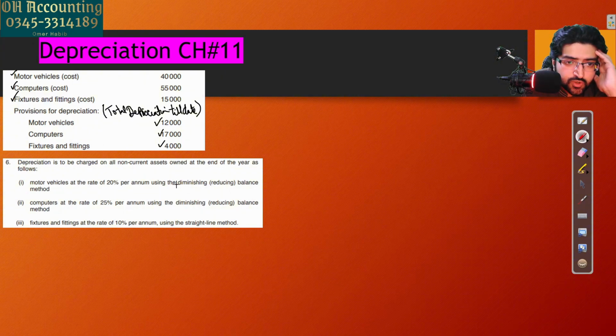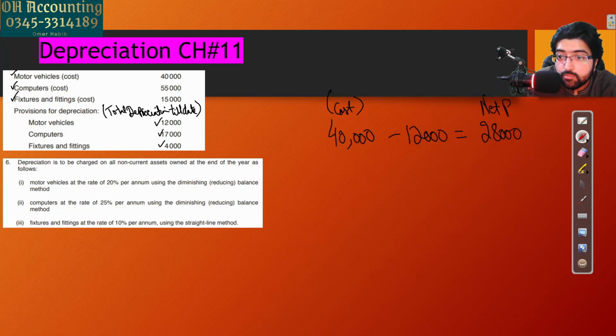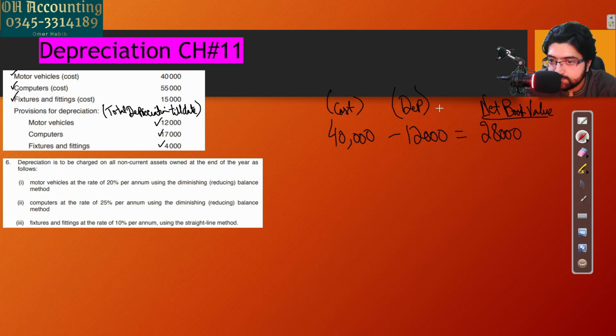So in simple words, your motor vehicle, which had a cost of 40,000, has depreciated by 12,000 till now. So what's the actual value of your motor vehicle right now? It's 28,000. That's the net book value, or the actual current value of your motor vehicle, right? This is the depreciation, the value it has lost till now.